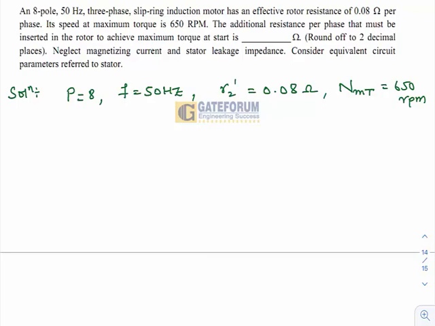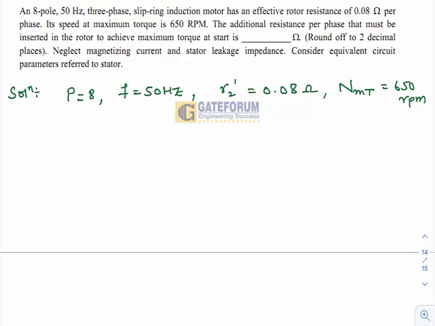Okay, so I know that this is a slip ring induction motor, and in a slip ring induction motor we insert additional or external resistance through slip ring and brushes to increase the starting torque, right? That we have already seen. So this is telling what additional resistance you need to insert such that the starting torque is the maximum torque. The starting torque is equal to the maximum torque. In that case, what resistance you need to put here?